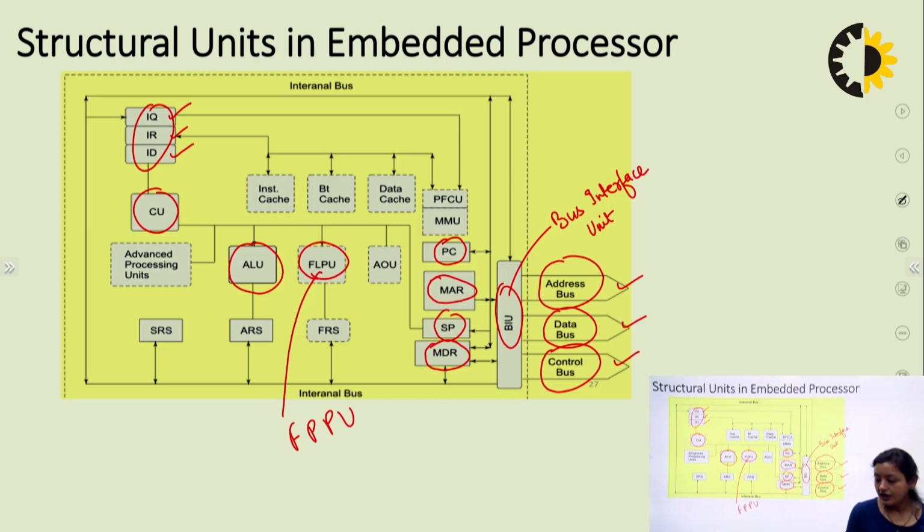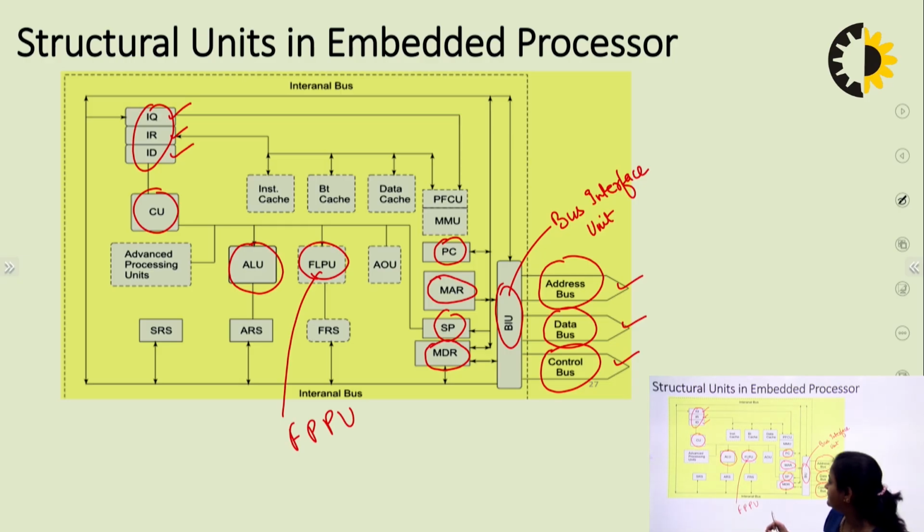Now, one thing here which you should consider is that its block diagram is not with a solid line, it is with a dashed line. However, ALU is drawn with a solid line, and there are many units in this diagram which have been drawn with a solid line and some with a dashed line. So what is the difference between them?